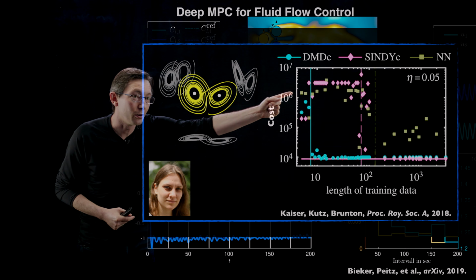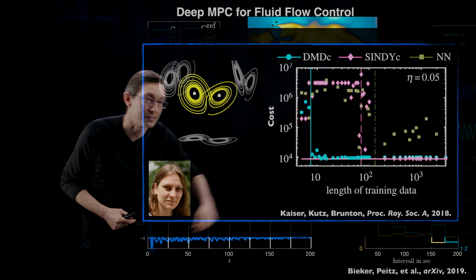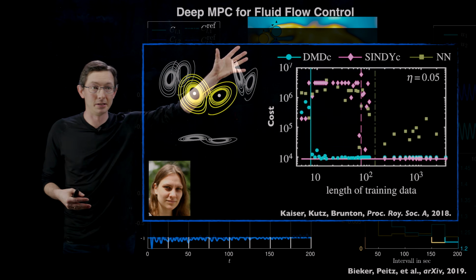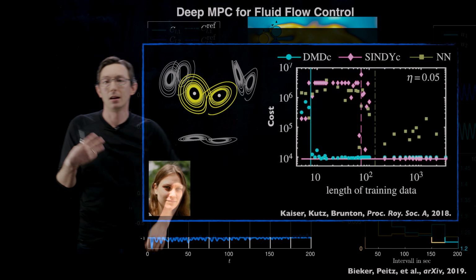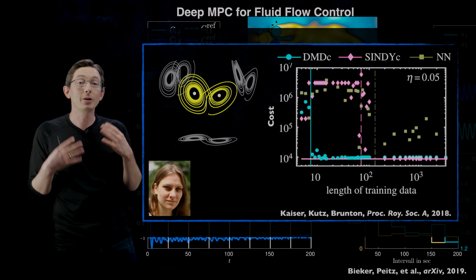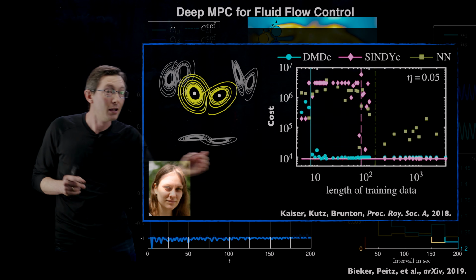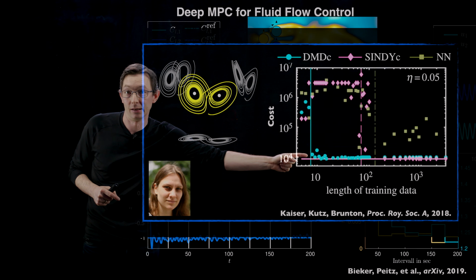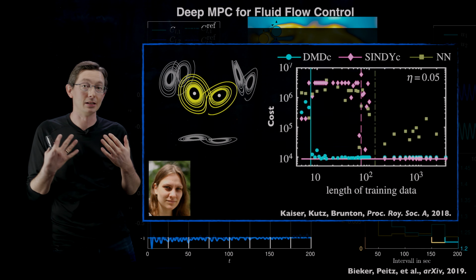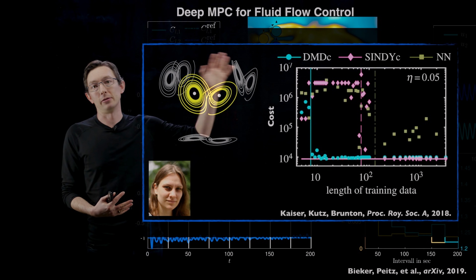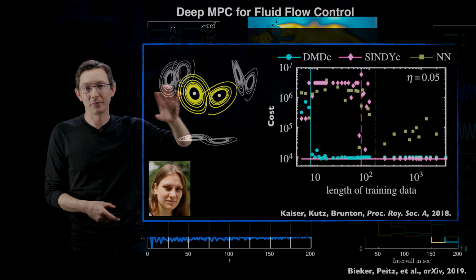But I think the real hero of this is that even for chaotic systems, which shouldn't be described by a linear DMD model, you get this very, very good, fast convergence of your control optimization. You can learn this model on the fly with about 10 data points and then turn your controller on. So it's extremely efficient to train these DMD models and to use them for model predictive control.